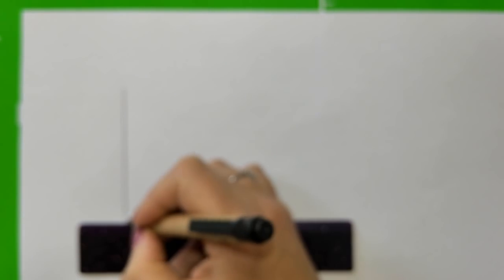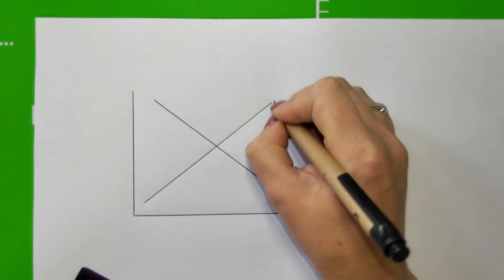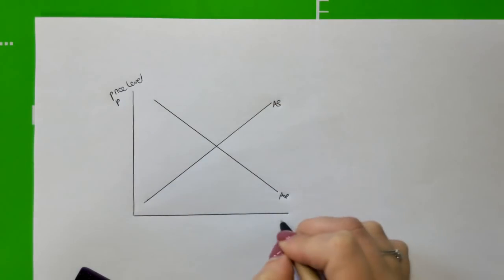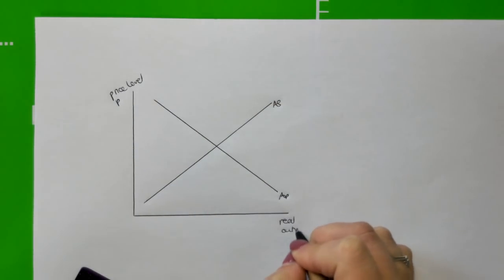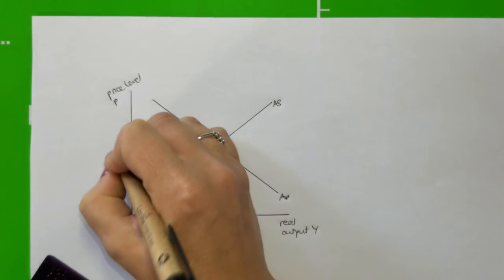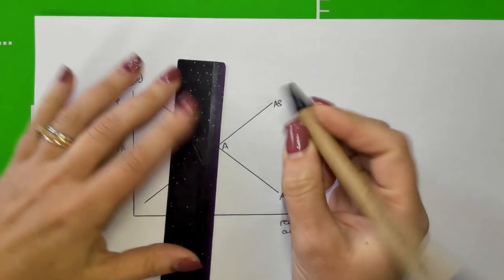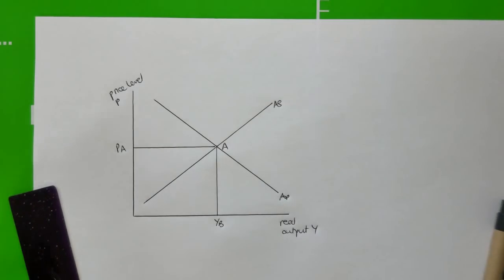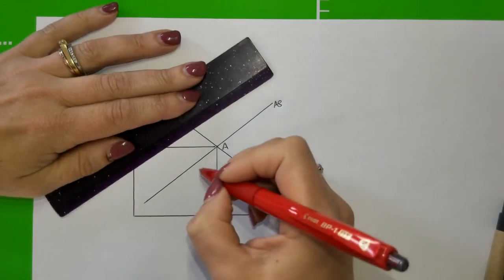So it won't take very long for me to do this. Aggregate demand, aggregate supply, price level, P, real output, Y, equilibrium price level, equilibrium level of output, and we want to draw in the supply shock.